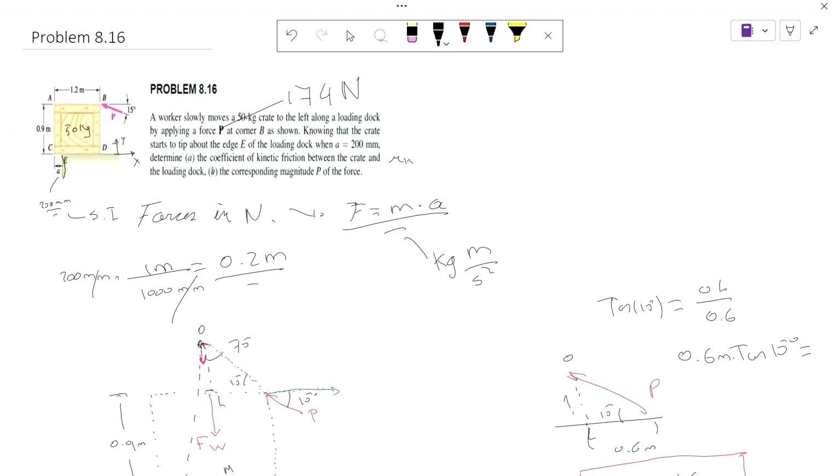And actually, the first question was the coefficient of friction. So how do we know the coefficient of friction?